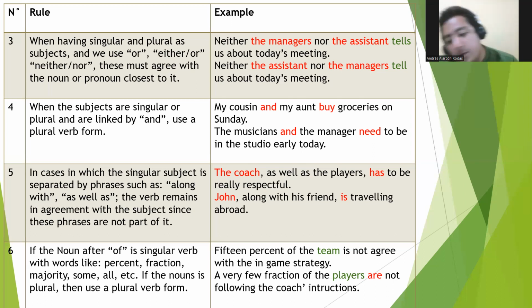So in this case, players is plural, so I have to make sense of it and use the verb to be according to players, a plural one, so I use are. So that is everything regarding the explanation of the rules of agreement. Okay, I hope I have explained clearly as much as possible. Thank you so much. Bye bye.